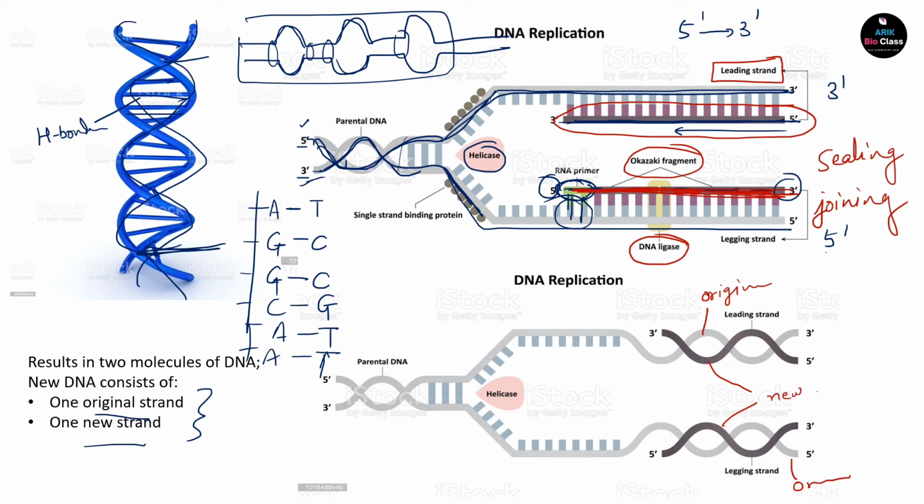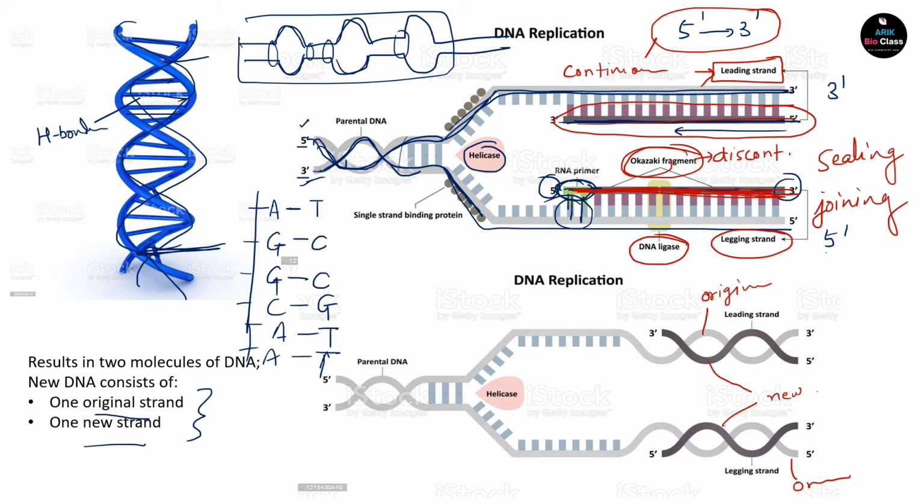The strand which has been synthesized over the template of DNA in a continuous manner, that means in 5' to 3' direction, is called the leading strand, while the strand which is formed in the form of fragments, the Okazaki fragments, or in the discontinuous form, is called the lagging strand, right?